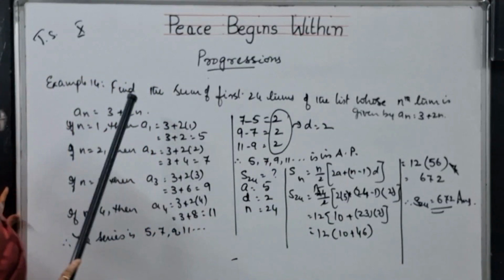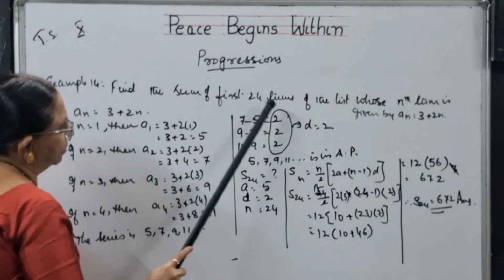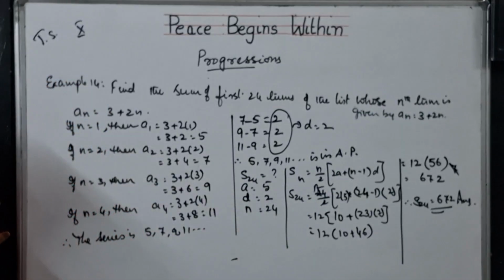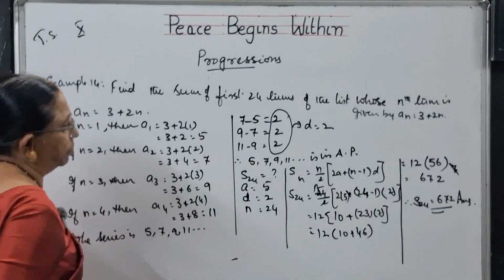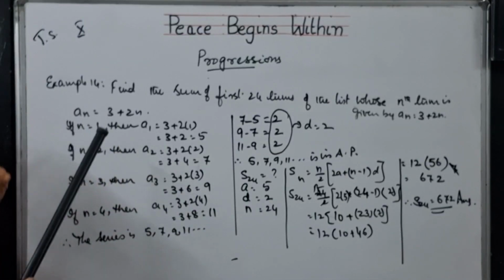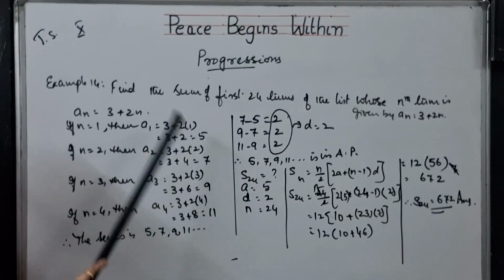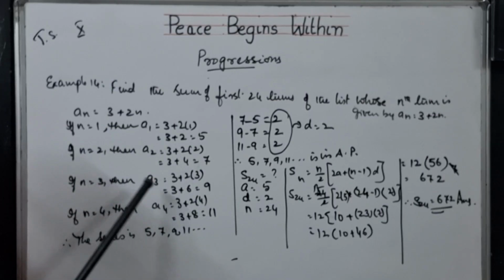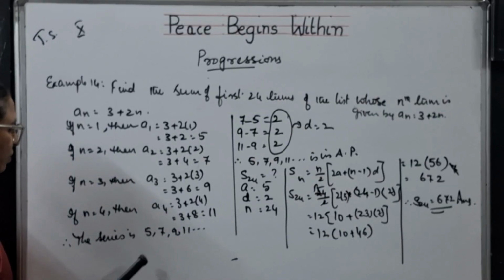Once again, the explanation. Find the sum of the first 24 terms of the list whose nth term they have given. Nth term an is equal to 3 plus 2n. So if an is equal to 3 plus 2n, first if you take n as 1, a1 you are getting as 5. a2 you are getting as 7. a3 we are getting as 9. a4 we are getting as 11 on substituting n value.